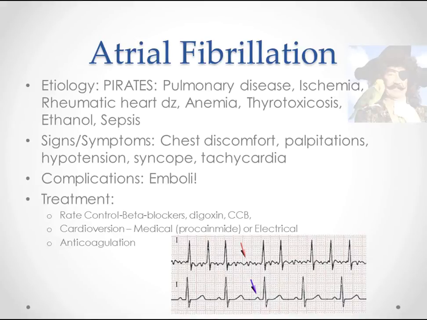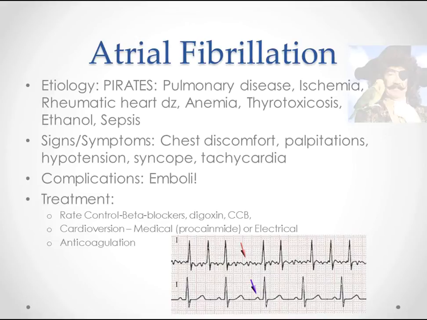But some people you might be working up for chest discomfort, palpitations, hypotension, syncope, tachycardia, and so you run an EKG and you see a very characteristic wiggly little line with no discernible P waves and an irregular rhythm. So that's pretty much diagnostic for AFib.